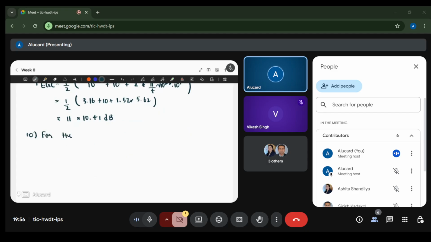Question 10: for the Alamouti scheme discussed in the lecture, the diversity order was found out to be two.